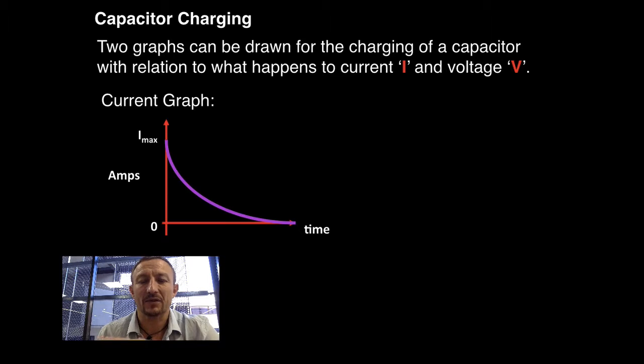So what's happening is on the negative plate, the electrons are being pushed by the battery, and when the plate is completely empty, there's a load of charge that can be pushed on that plate very easily. However, as the charge begins to build up over time, the negative electrons repel any electrons which are trying to get onto that plate.